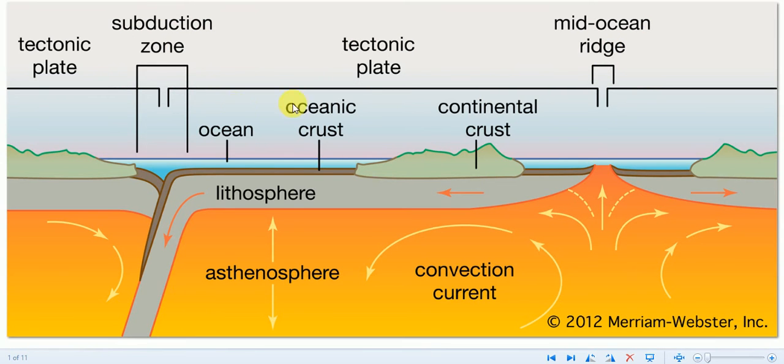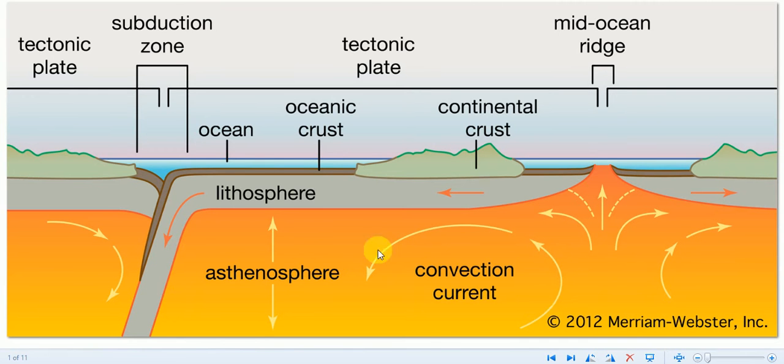Here this picture also shows the convection current theory. See, from the asthenosphere, from the upper mantle, hot magma is rising, and it is flowing just below the lithosphere, and because of that this continental crust is drifting towards this side, and another continental crust is drifting towards this side.